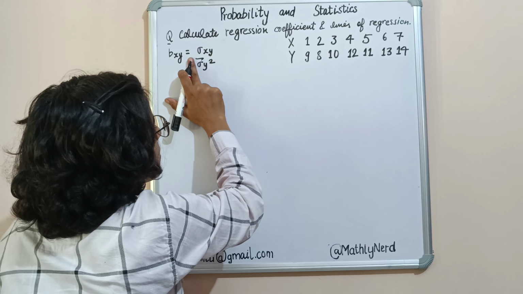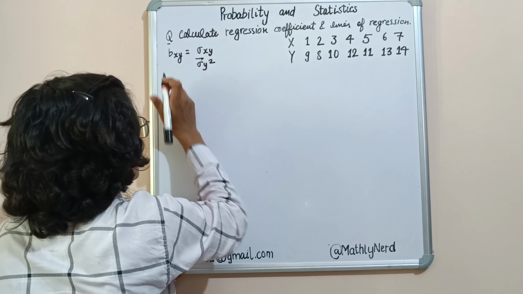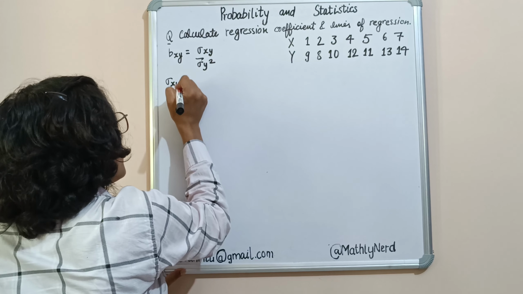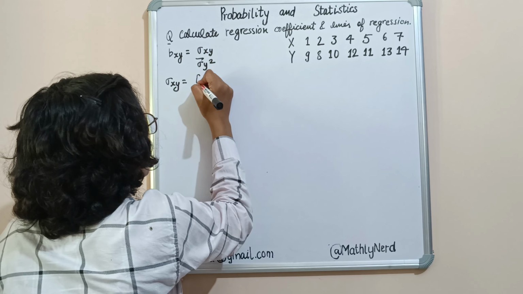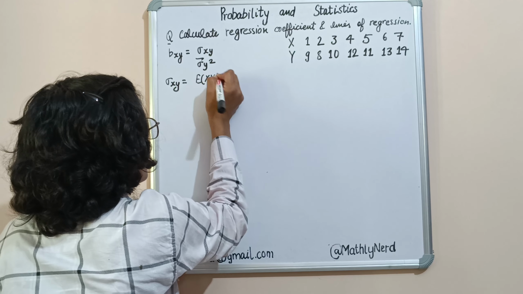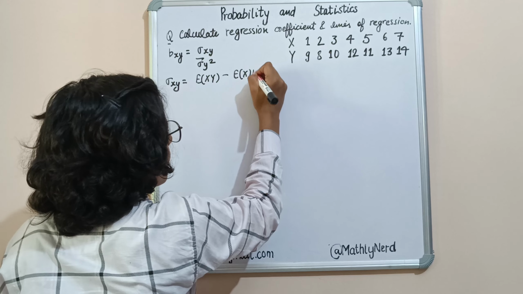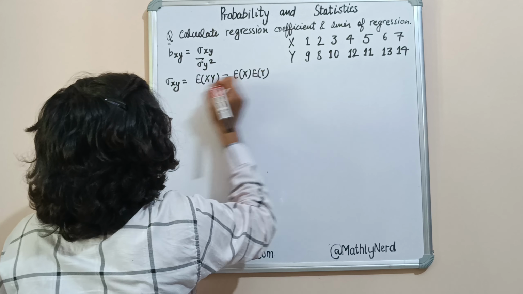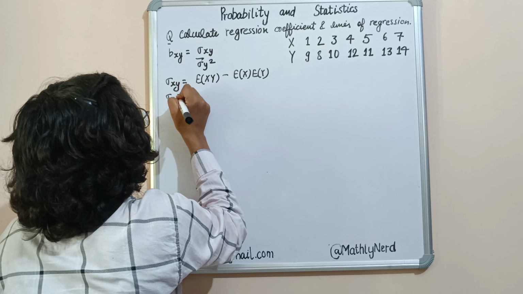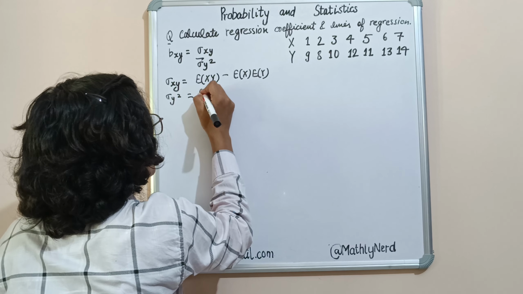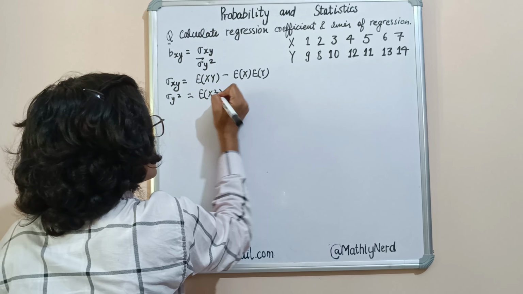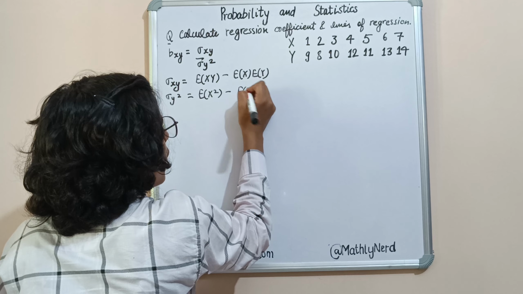So we have to find sigma xy and sigma y square. Sigma xy equals E of xy minus Ex Ey, and sigma x square equals E of x square minus Ex whole square.